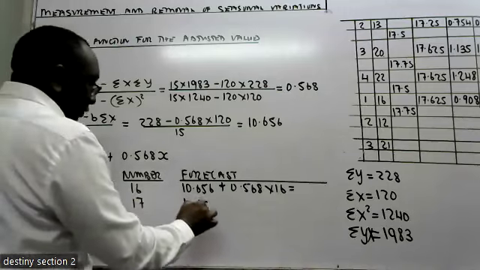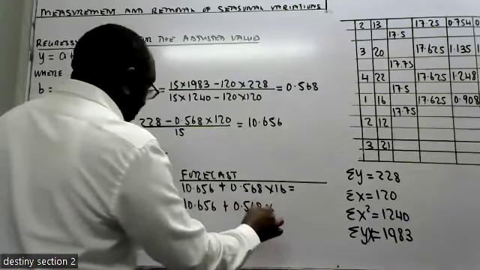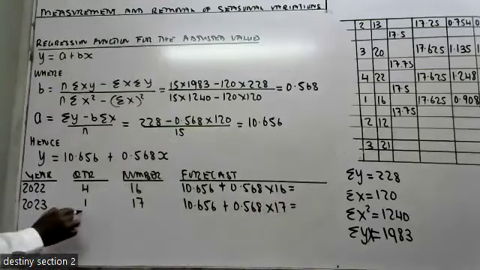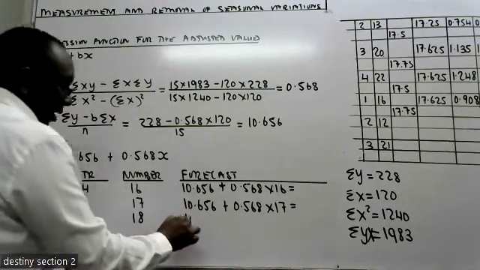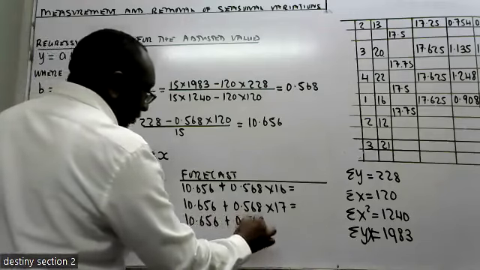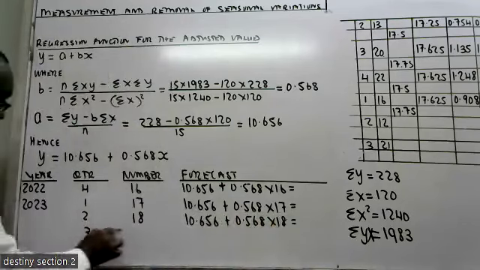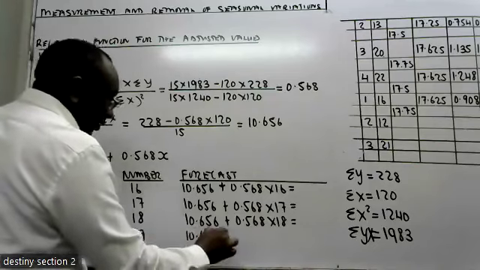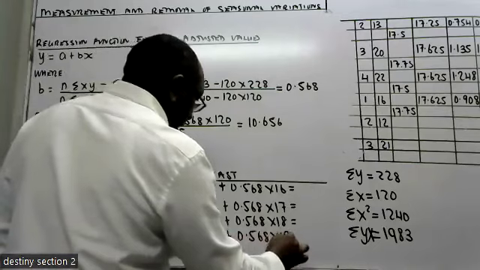So 10.656 plus 0.568 multiplied by 17. Quarter number 2 is 18. 10.656 plus 0.568 times 18. Number 3 is 19. 10.656 plus 0.568 multiplied by 19.